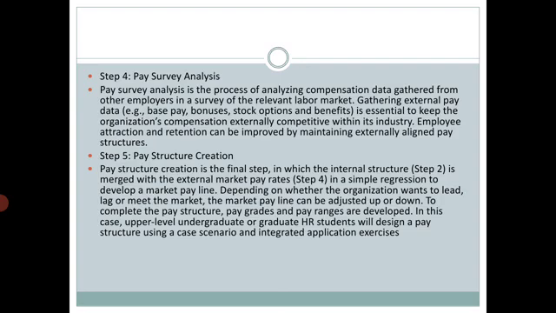So when we come across pay survey analysis, what is it?